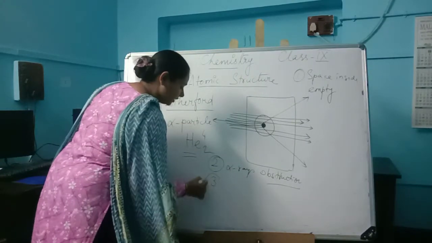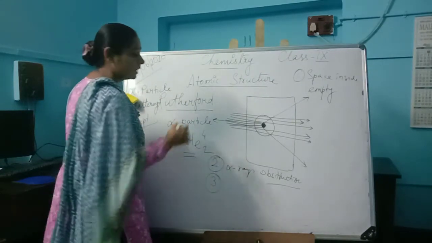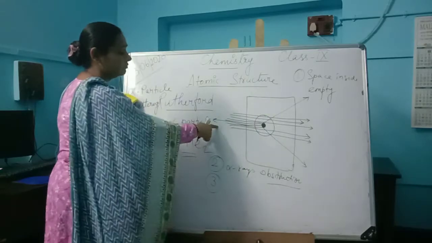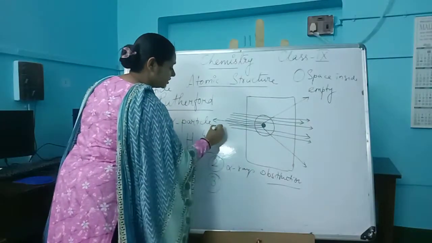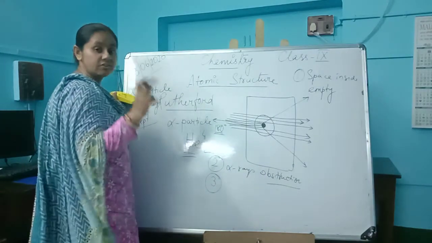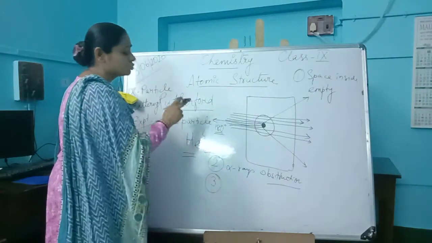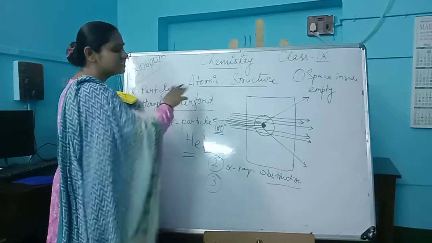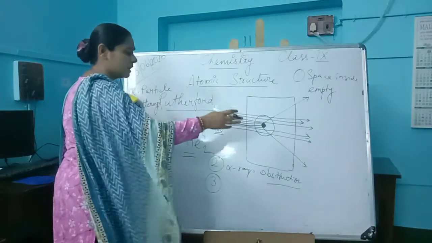And the third point that comes up over here is that very few of the alpha rays got rotated through 180 degrees. What is the reason behind it? Most of the space is empty, so most rays passed straight through.